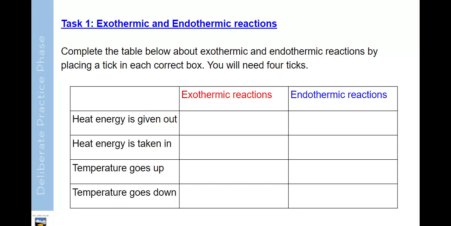Oh, hi there. I hope you're ready to mark your answers. So heat energy is given out, should be exothermic. Heat energy is taken in, should be endothermic. Temperature goes up, exo, and the temperature goes down, endo.